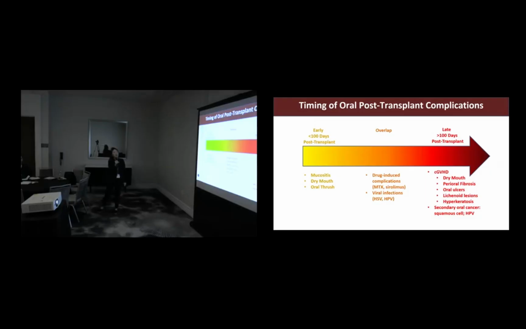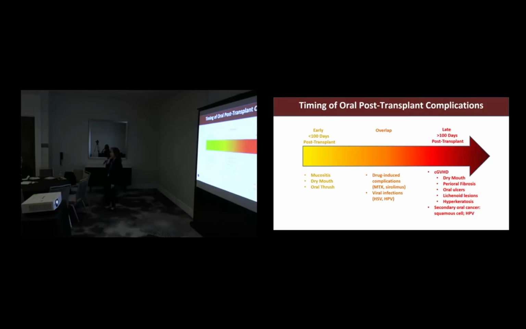So the oral post-transplant complications generally follow a trend, but there is some good overlap. You might experience mucositis, dry mouth, or thrush in the early part of your transplant, and then the overlap period usually results from drug-induced complications from your systemic dose of methotrexate or sirolimus.